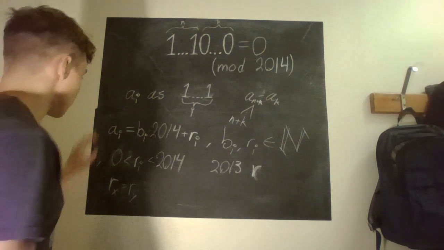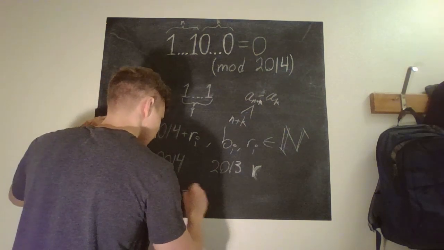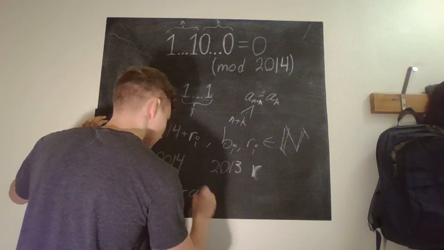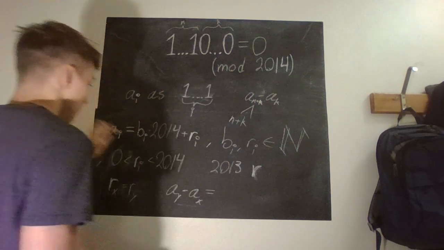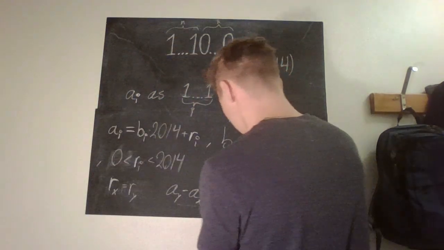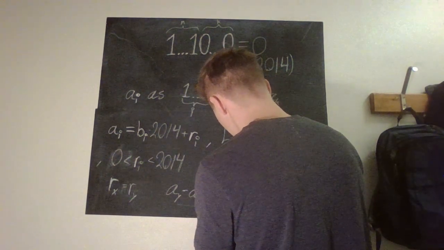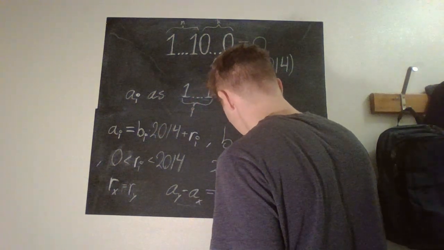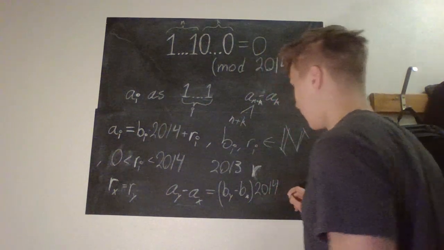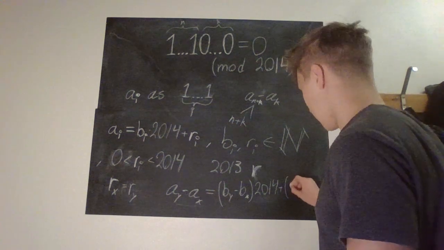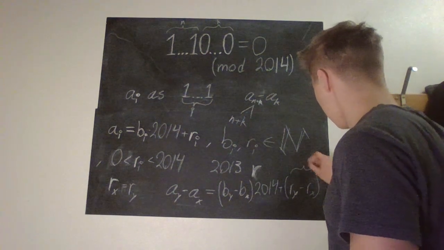So then we just take a_y minus a_x. And why is that divisible by 2014? Well, that is divisible by 2014 because that is equal to b_y minus b_x, multiplied by 2014, and then plus r_y minus r_x, and this thing here is equal to 0, right?